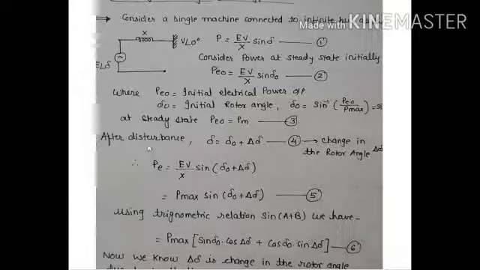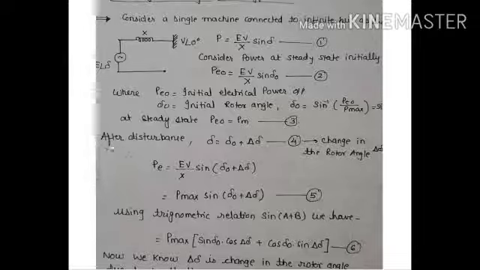Now, what we are going to study for steady state stability is how the system will behave when small disturbances occur in the system. If small disturbances occur in the system, that means there will be a small change in the rotor angle delta, which we can also call the power angle.